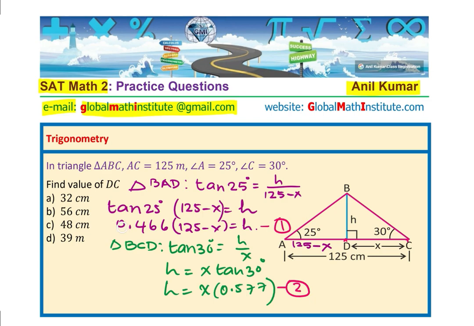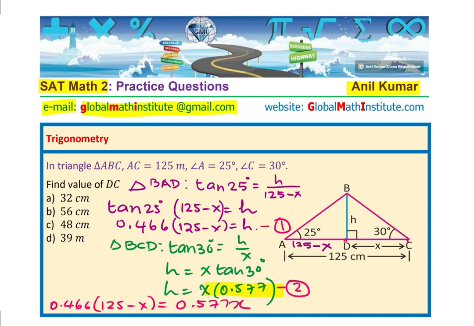So 0.466 times 125 minus X is equal to X times 0.577. We have substituted this value of H in equation 1, so we get 0.466 times 125 minus X equals 0.577X. Is that clear to you?